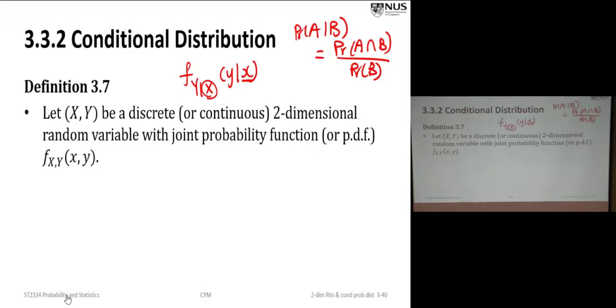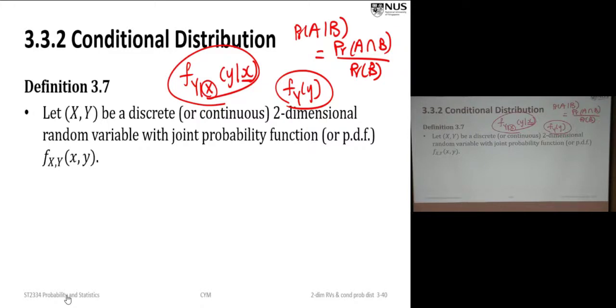All right? But it's conditioned on X. So it's different from this one, not necessarily the same. The conditional distribution looks at how random variable Y behaves when the random variable X equals a certain value, while the marginal distribution of Y looks at Y disregarding what the X value is.